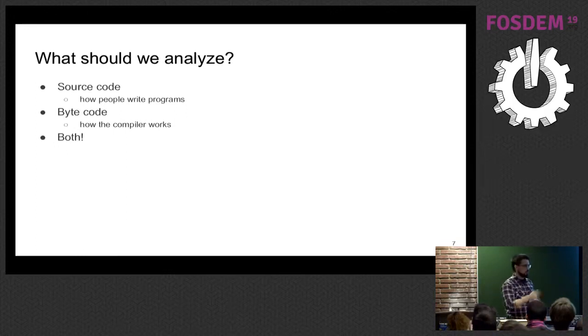But what's best, we can combine these analyses together. For example, we could search for code fragments that were not anomalous in the source code representation, but became anomalous in bytecode representation. And that's clearly an issue of some kind.